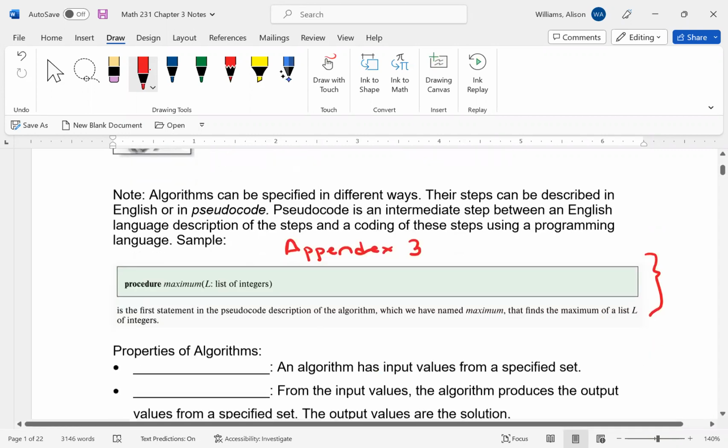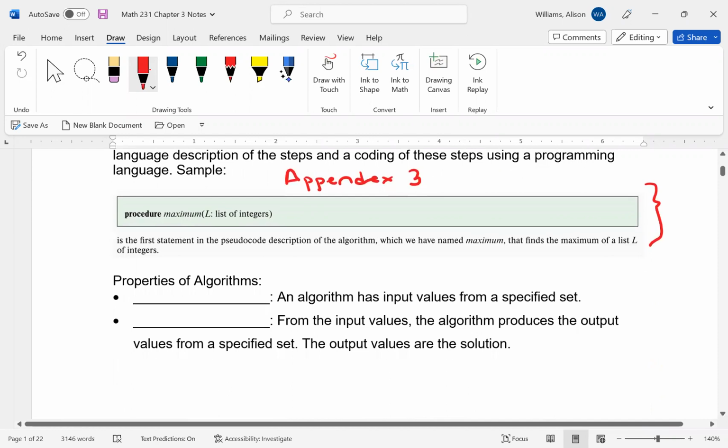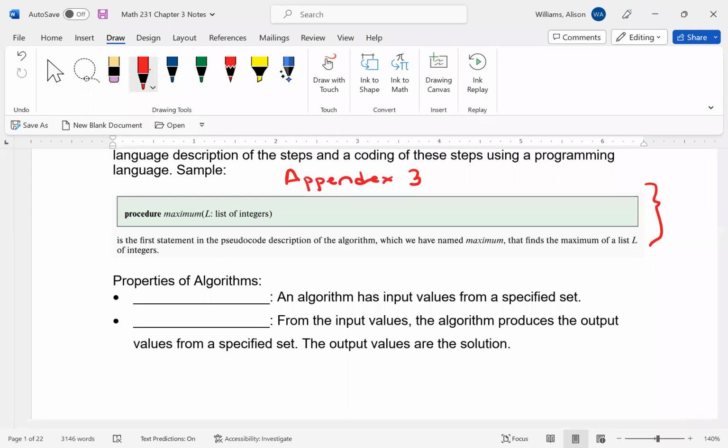Okay. So, properties of algorithms. Coming back down to algorithms, let's give some names and properties that are important. First, input. When we're working with an algorithm, and you can relate this to computer science, we'll have input values. An algorithm has input values from a specified set. Then we have output values.